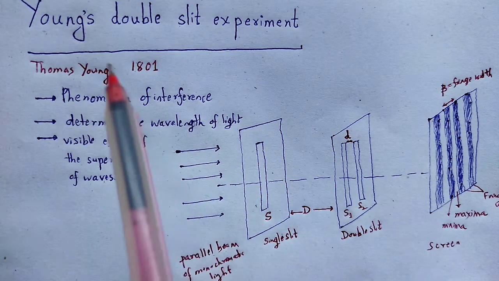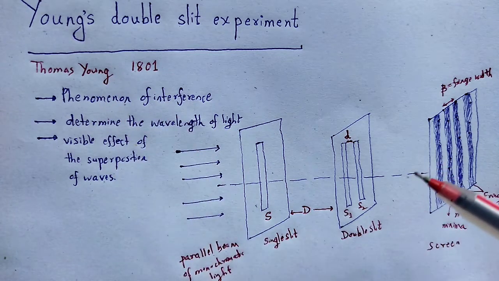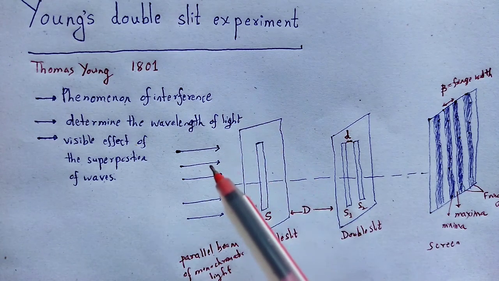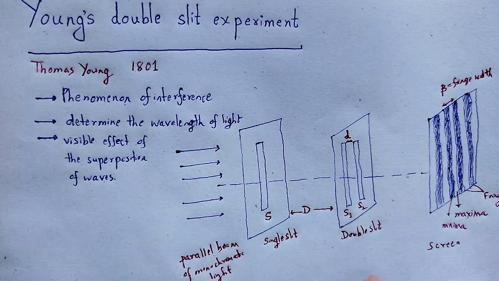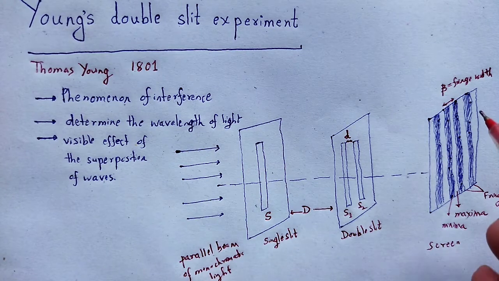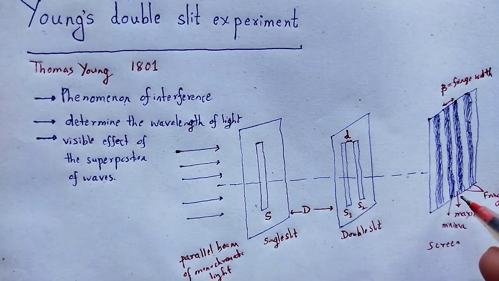Thomas Young was able to prove that the phenomenon of interference can be explained by the wave nature of light. Light has a dual character, particle as well as wave, but Young's double slit experiment confirmed the wave nature of light, and the particle nature was verified by Einstein's photoelectric effect.